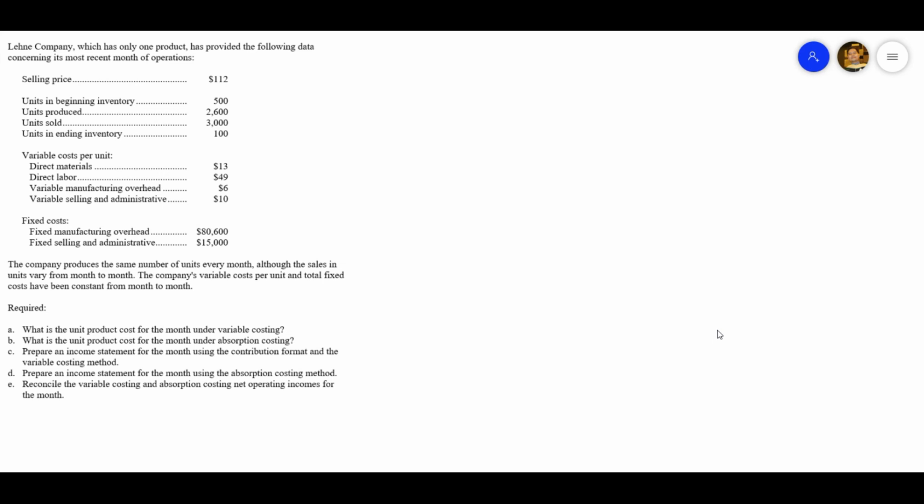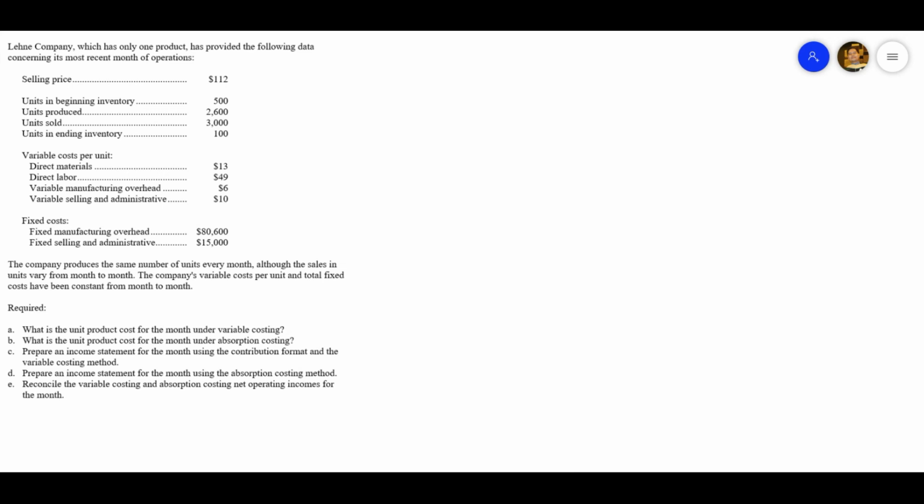Remember that under variable costing, the product cost should only include what? Your direct material, your direct labor, and your variable manufacturing overhead. Is that the only component of the product cost? The answer is yes. We don't include your variable selling and administrative because again, this is what?